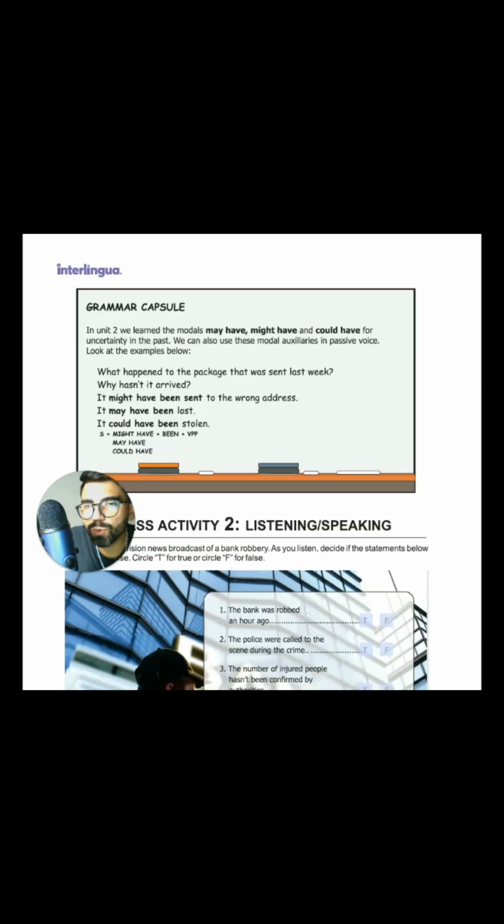In unit 2 we learned the modals must have, might have, and could have for uncertainty in the past. We can also use these modal auxiliaries in passive voice. Look at the examples below. What happened to the package that was sent last week?